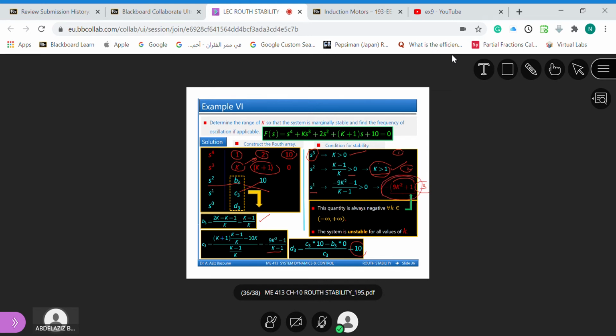Whatever the value of K, the system is always unstable, because you will have a sign change in C3. This will give you from positive to negative and from negative to positive. So always you will have two sign changes. This is the first sign change, and this is the second sign change. From positive to negative, and then from negative to positive. So the system will be always unstable.